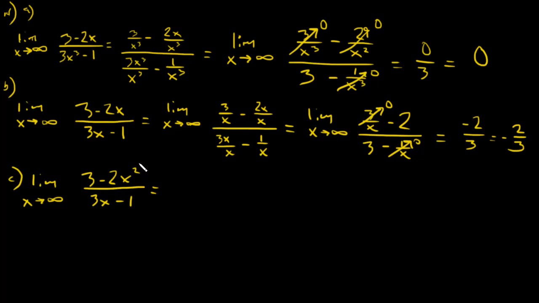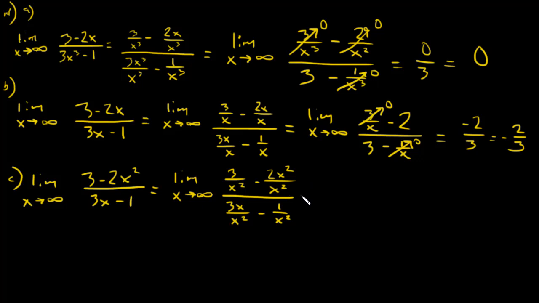Since the numerator has the highest power, this is going to blow up to infinity, but we'll see. Limit as x goes to infinity. I'm now going to divide every single term by x squared, so 3 over x squared minus 2x squared over x squared over 3x over x squared minus 1 over x squared.